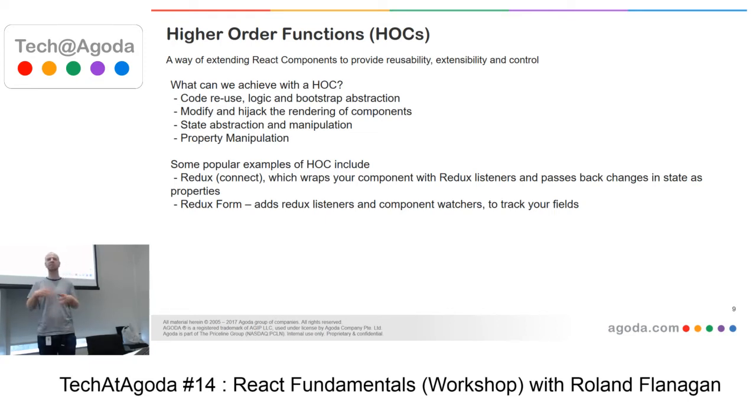So instead of us having to write all these binders to Redux to listen to this store and this store and this reducer, we can just do it all in one place and centrally grab out the values that matter to us. And Redux Form is another example, which adds Redux listeners and component watchers. So we can listen to every event that takes place in a child component just by adding and extending it as we instantiate.